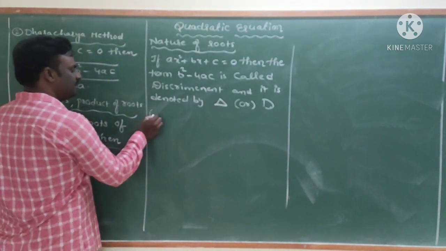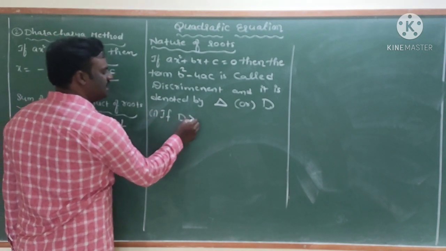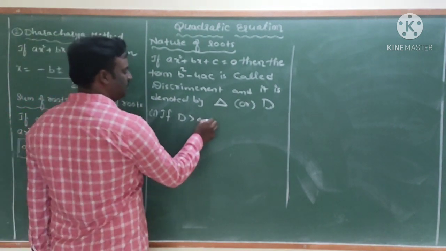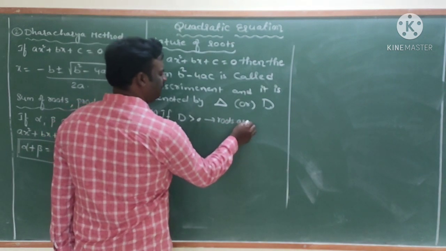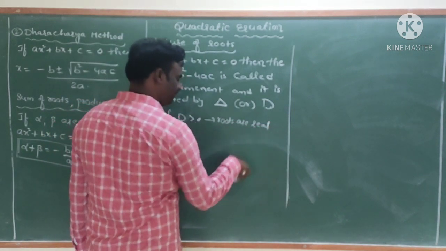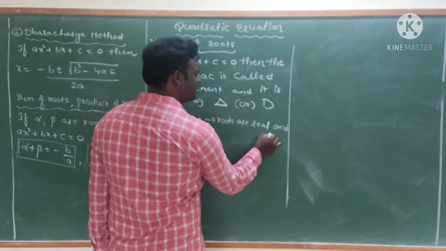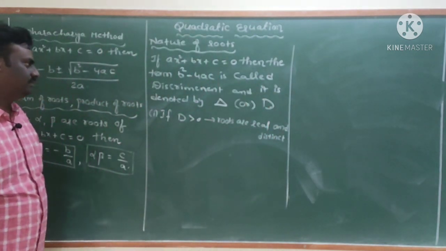The first point, if the D value is greater than 0, then the condition roots are real and distinct. Distinct is nothing but unequal, different.